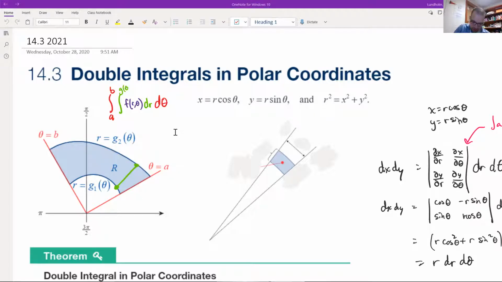This could be some function of theta, this could be some function of theta. Oh, and it was already labeled G1 and G2. So the outer one, G2, the inner one, G1. Okay, great. Those were already labeled.